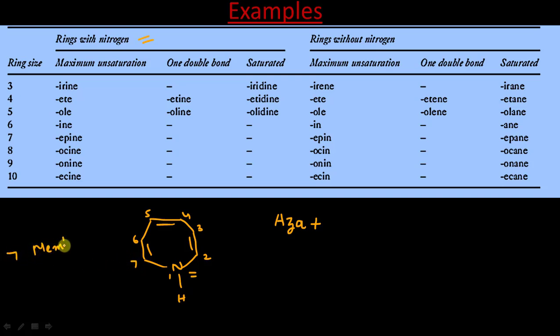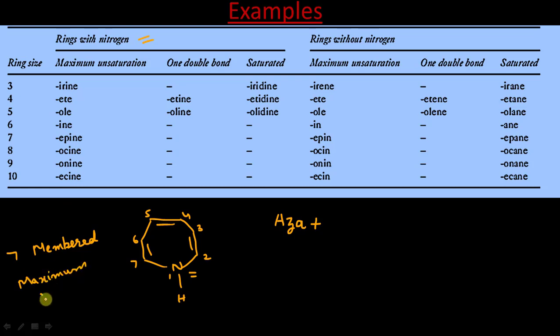Okay, now let us see about unsaturation. 1 2 3, 3 double bonds in conjugation, so there is not the possibility of another bond, so it is maximum unsaturated system. So 7-membered maximum unsaturation.